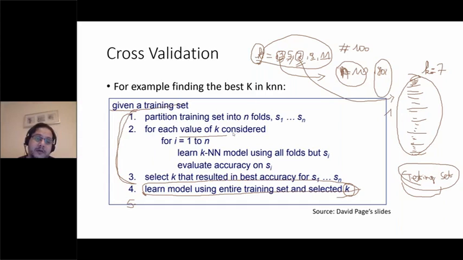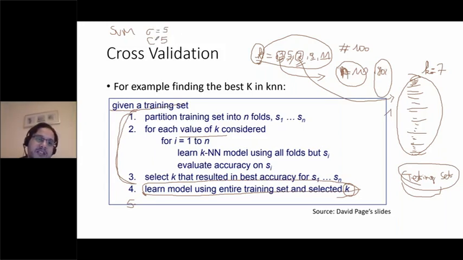Here S1 to Sn are essentially the partitions, like you mentioned last time when we had 5. So 50 KNNs, and if we have more hyperparameters, say in an SVM with a sigma and a C, and we have 5 values of sigma and 5 values of C, how many SVMs are we going to train?